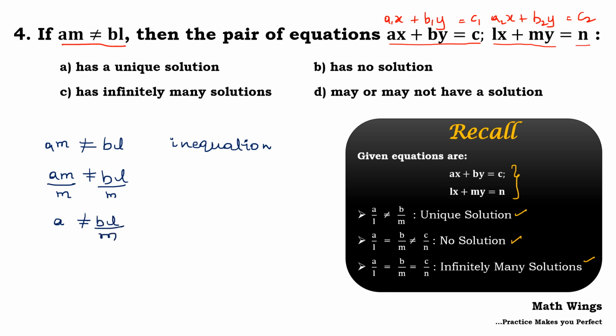Correct? Now I would like to eliminate L from the right hand side, so I will divide both sides by L. When I rewrite this, it becomes A by L is not equal to B by M. If you observe, this condition gets satisfied with a unique solution, right?